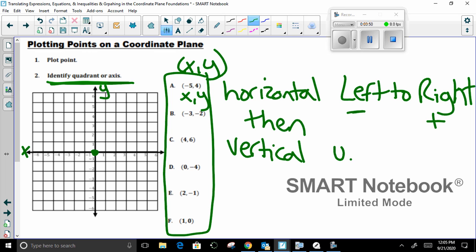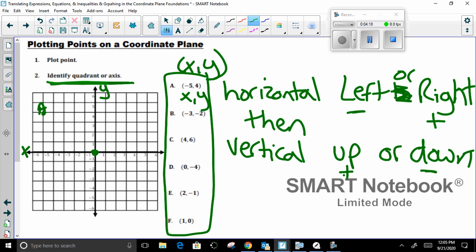Vertical, same thing, you go up or down: I go up if it's positive, down if it's negative. So I got -5, 4. -5 on the x-axis is over here. +4 means I go up. 1, 2, 3, 4. And that is point A.